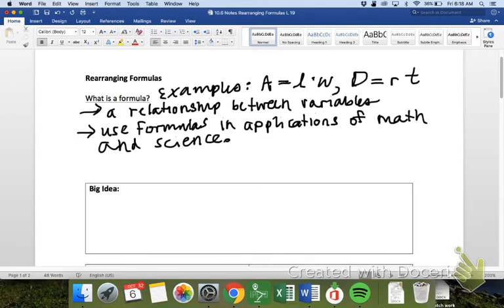Okay, so now the big idea of our lesson for today is that we can rearrange the variables in a formula using our same equation solving techniques that we've been using for equations and inequalities. So let's write that down. We can rearrange formulas.